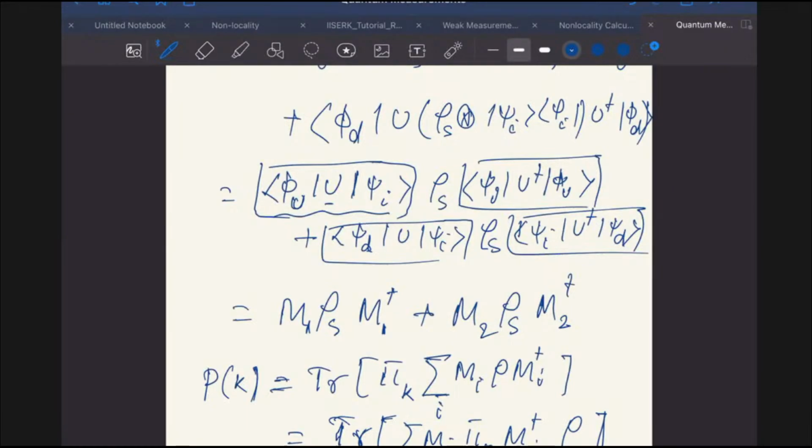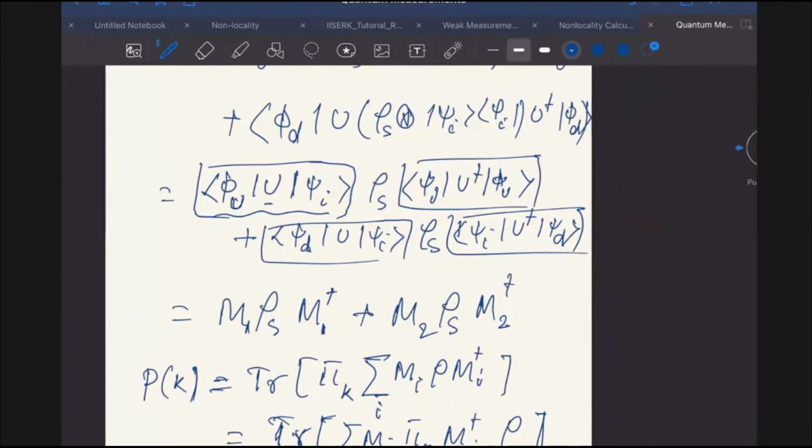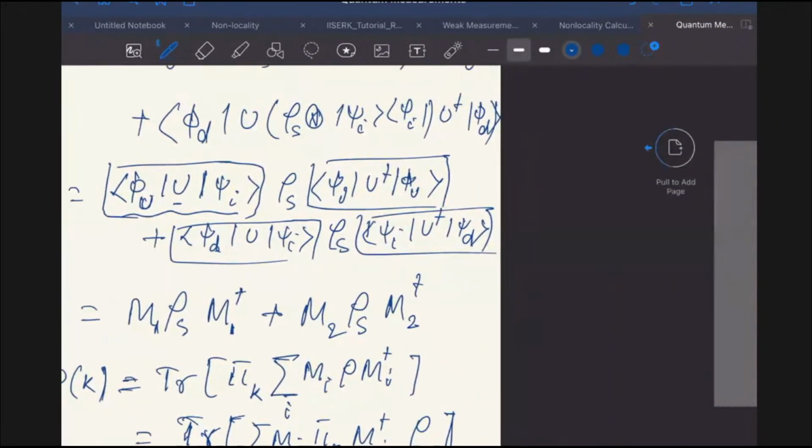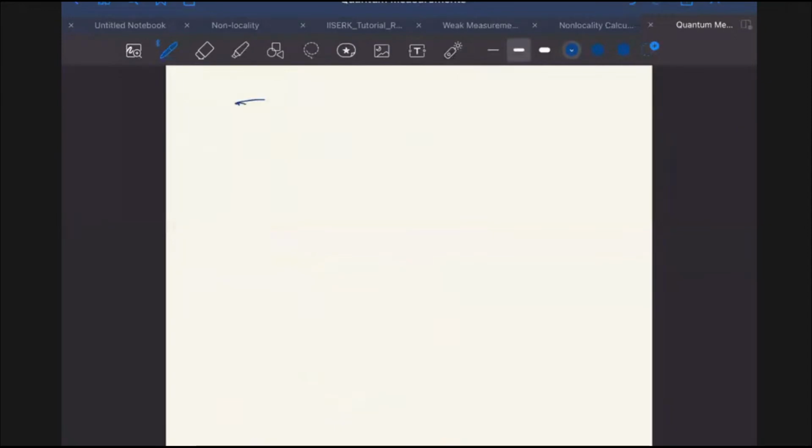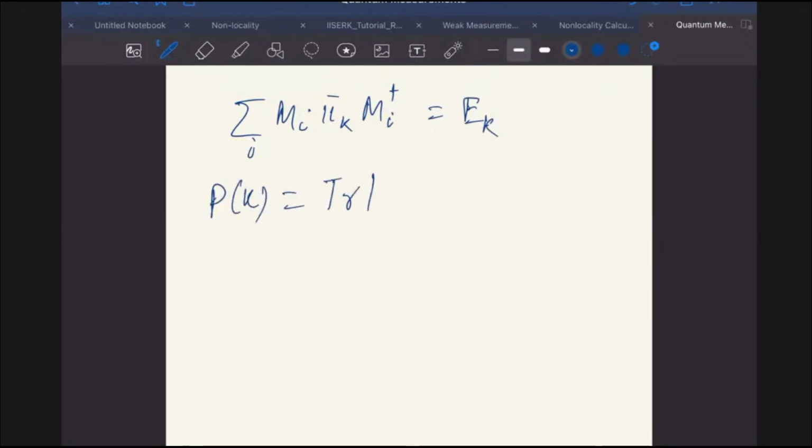So let's say M_i Π_k M_i† is E_k. Then again my probability of k is becoming E_k into ρ. This is same as my POVM.